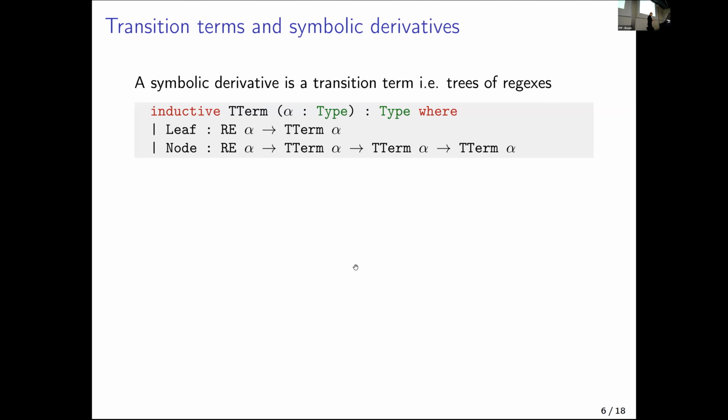Now, talking about symbolic derivatives. A symbolic derivative is a transition term. So it's a tree. I have the type up here. And I would like to motivate it with an example first before going to the next definition.